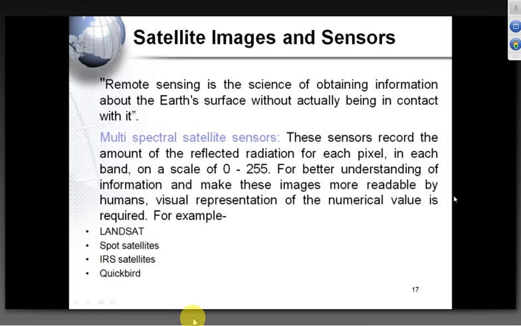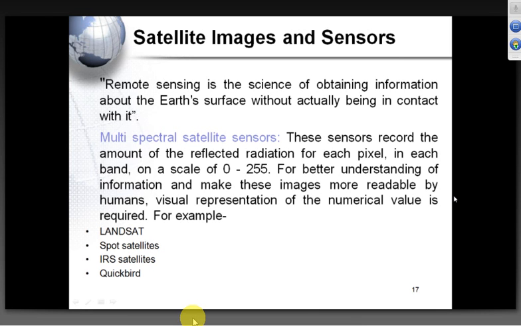Multispectral satellite sensors. These sensors record the amount of reflected radiation for each pixel in each band. For better understanding of the information, visual representation of the numerical value is required in the case of multispectral satellite sensors.